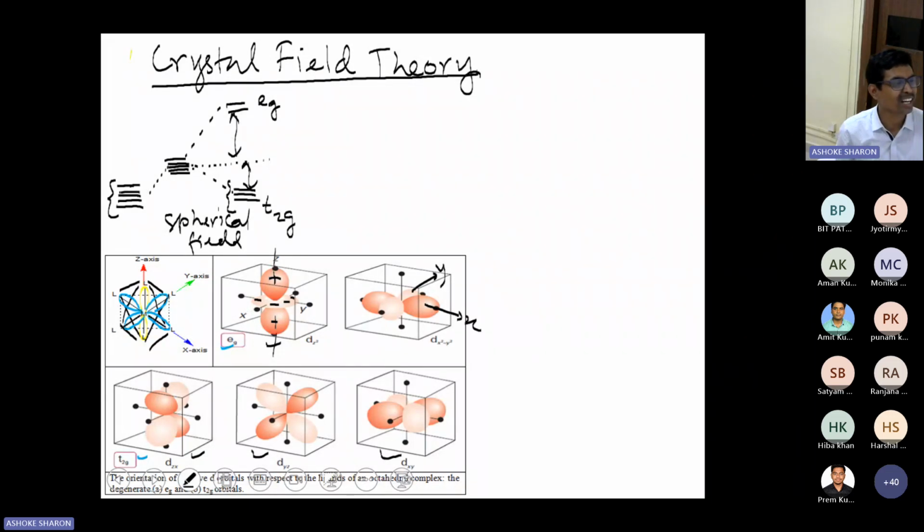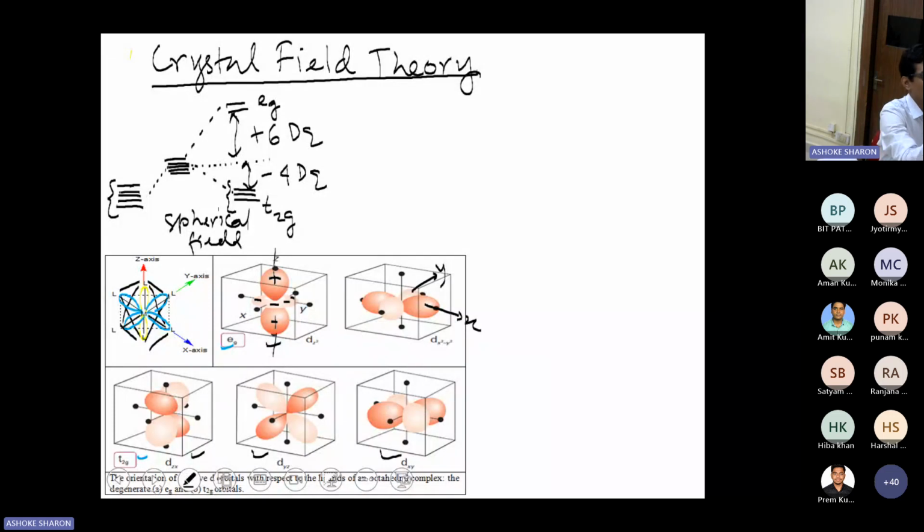Now the total decrease and total increase nullify each other. So we consider this as -4 Dq. That means each t2g orbital gives a stability of -4 Dq, whereas each eg orbital will provide a destabilization of +6 Dq, so that the resultant energy becomes 0.